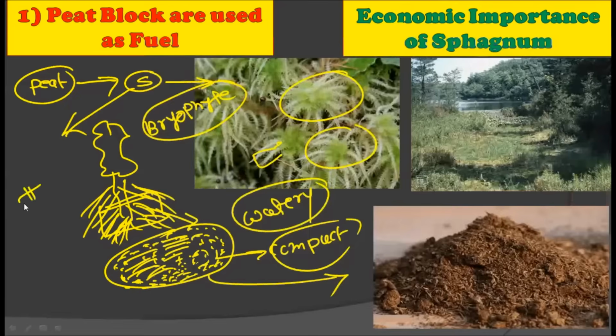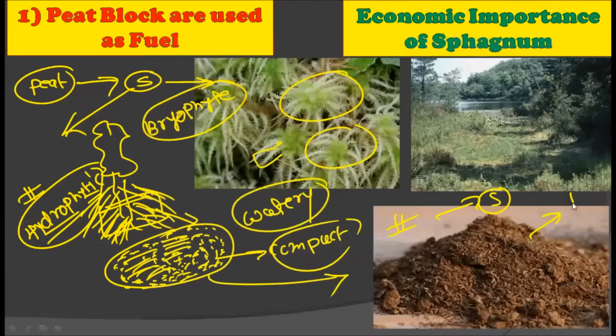The one thing you should remember is that it is not only the sphagnum but also the other hydrophytic plants living in that particular pond or watery body that accumulate in this compressed material which converts into peat. That is why we can consider this peat as a mixture of many plants, but mainly 80 to 90% of the peat comes from the sphagnum species.